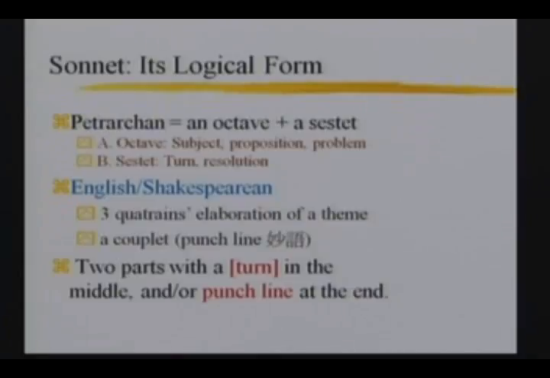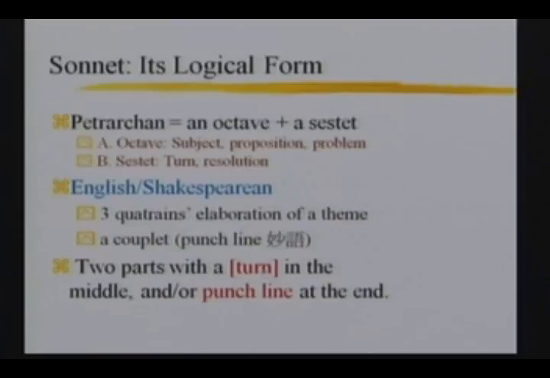Okay, so sometimes people say that in Shakespeare, between octave and sestet, there is a turn in the logical direction, sometimes starting with however, yet, etc. And sometimes people say that in Shakespearean sonnet, there is also this turn in the third quatrain.